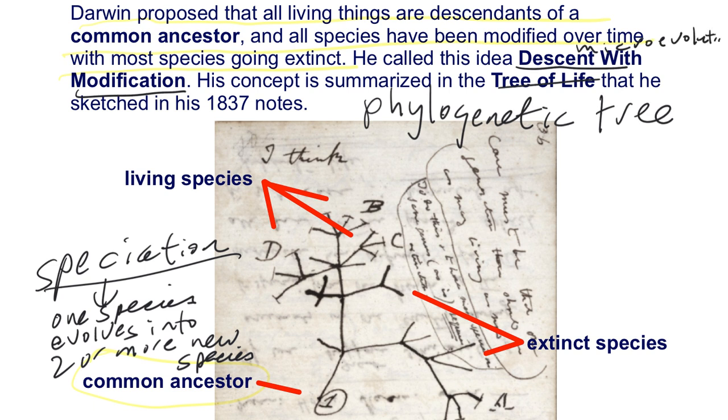The new adaptations gradually pile up until the thing's a new species, because so many adaptations are now different than they were with the original form of that species. So he thought this was a gradual event.